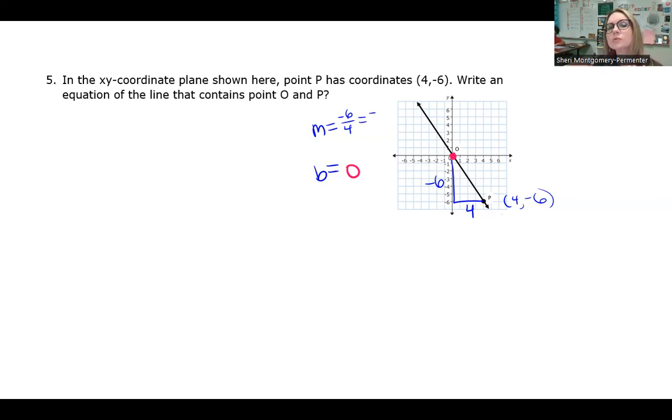So they both reduce because they both are divisible by the same thing. Yeah, we can divide them both by 2.